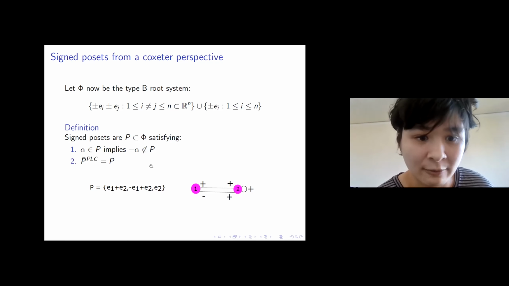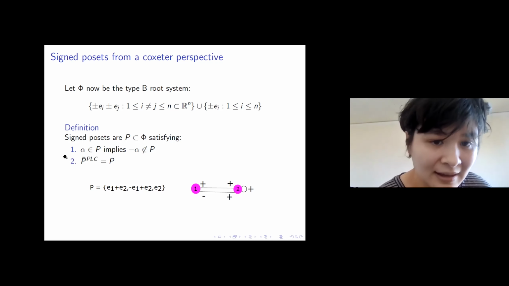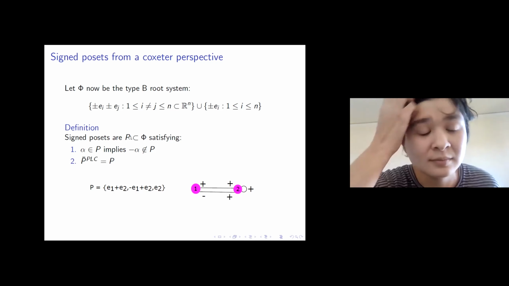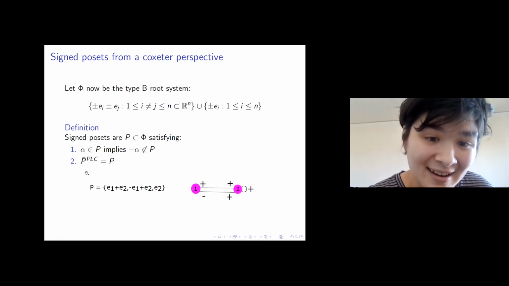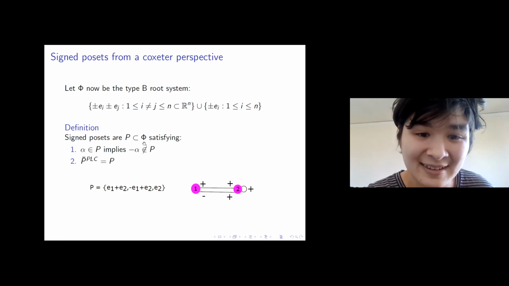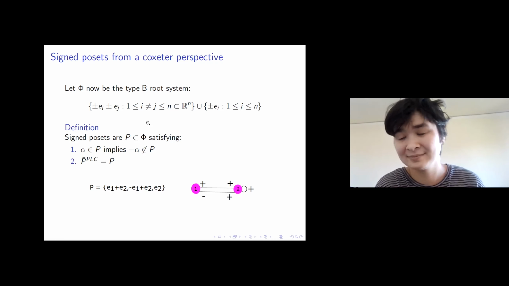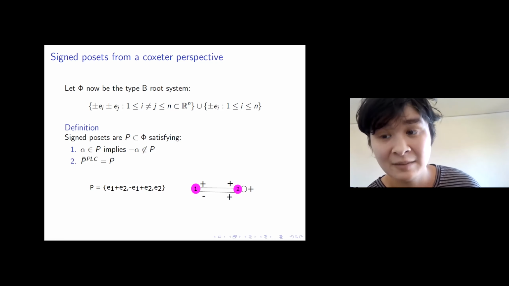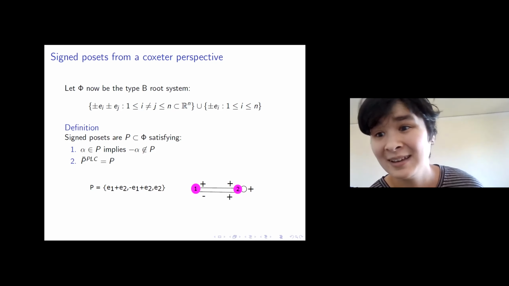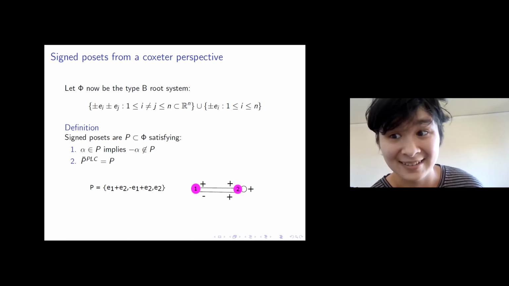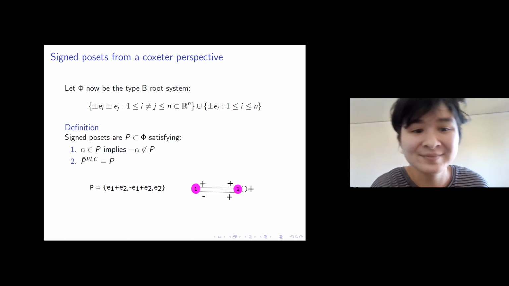So we've added a lot more points into our root system, and for signed posets we have the exact same definition as regular posets, except now we're in the type B root system. That's why I think viewing posets from a Coxeter perspective is useful: now you can extend this definition to any root system.